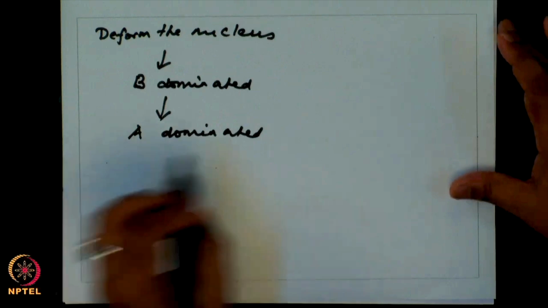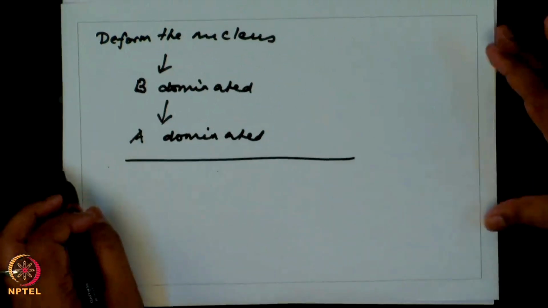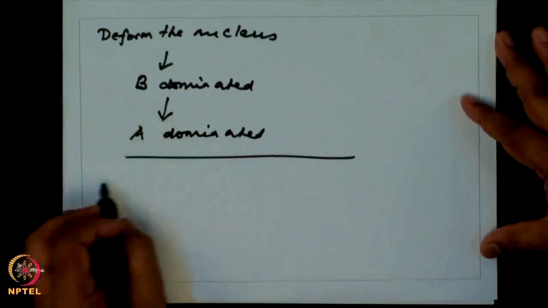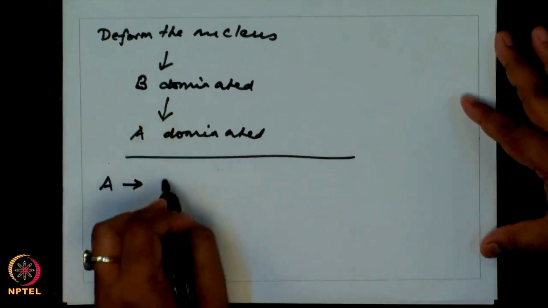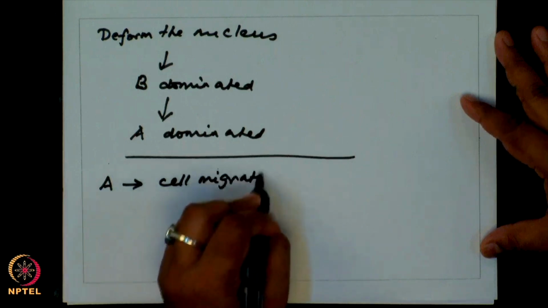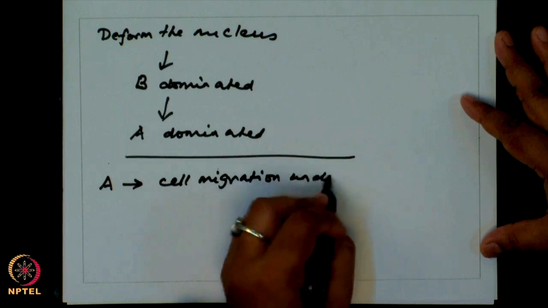So this was the first part of what I discussed on the nucleus. The second part was the importance of lamin A in dictating cell motility or cell migration under confinement.